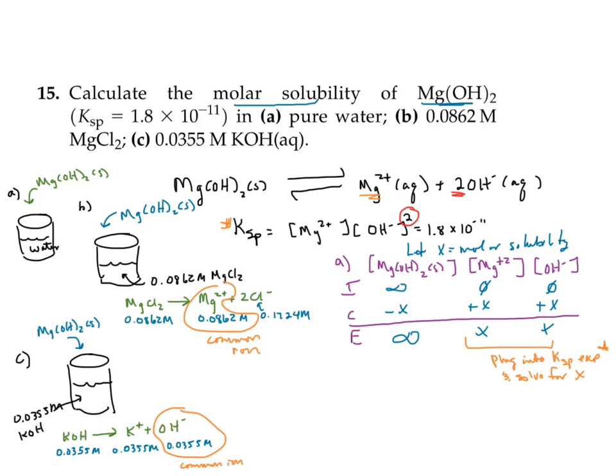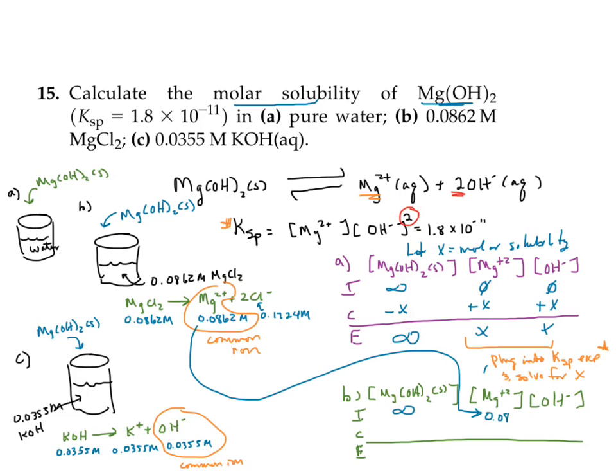And then for B, it looks like this. It's the same setup, but notice you are going to have an initial amount of magnesium ion from the water, which wasn't pure water. This one, you should be able to clearly use the simplifying assumption. So that quantity, 0.0862 plus X, is going to become 0.0862. But make sure you state your simplifying assumption.